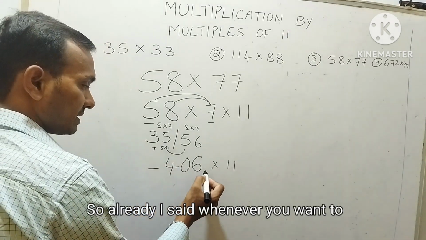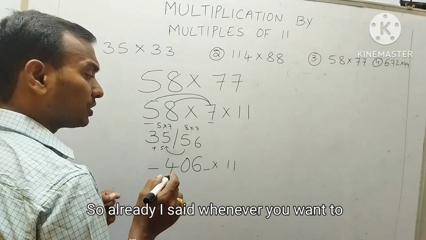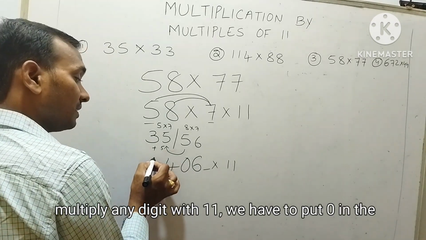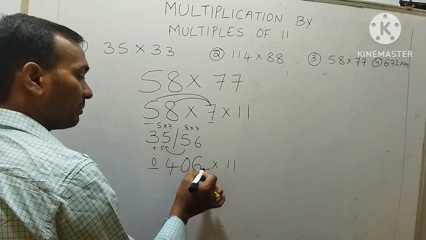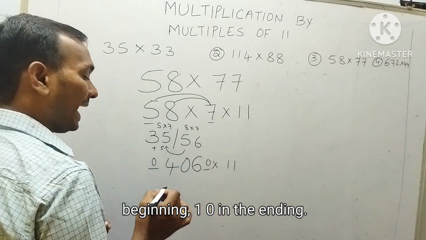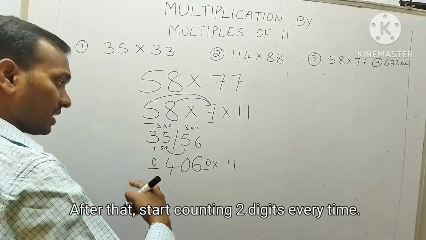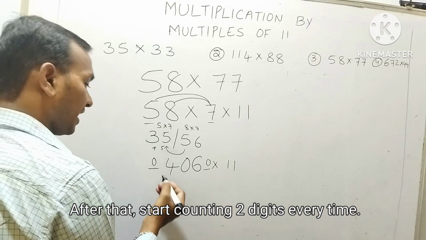So already I said, whenever you want to multiply any number with 11, we have to put 0 in the beginning, 0 in the ending. After that, start counting two digits every time.